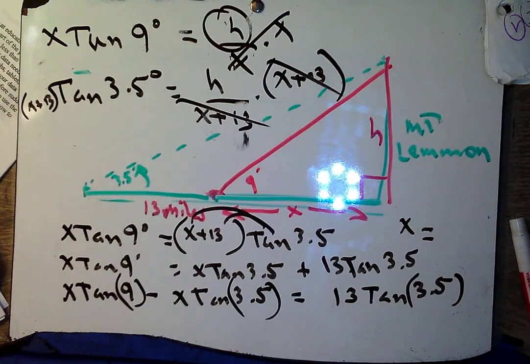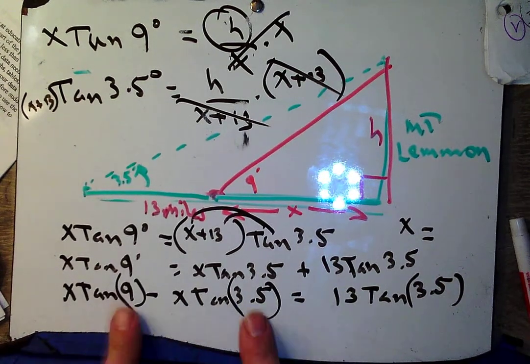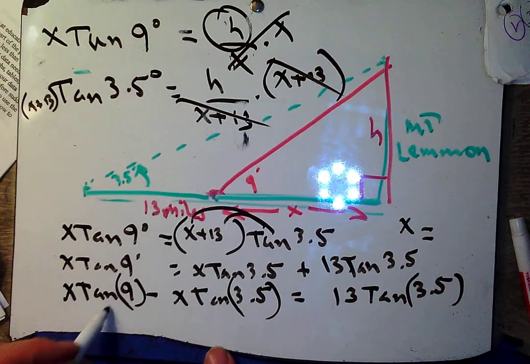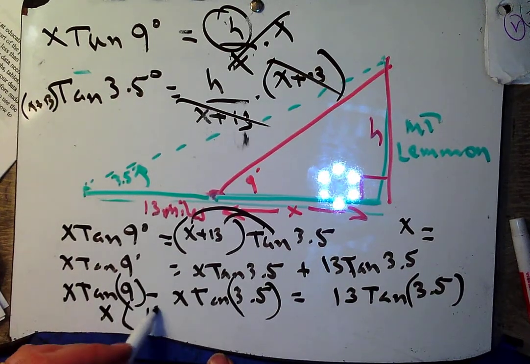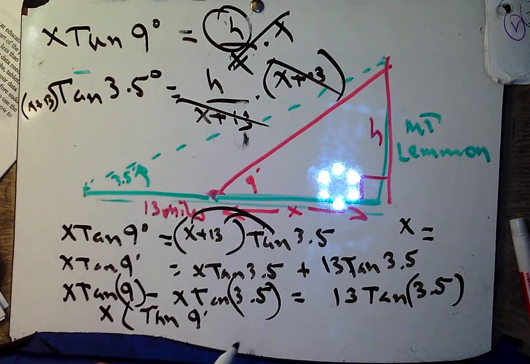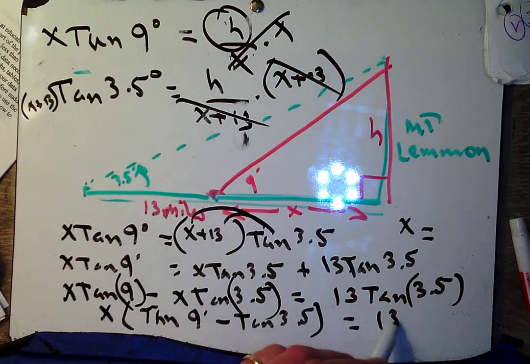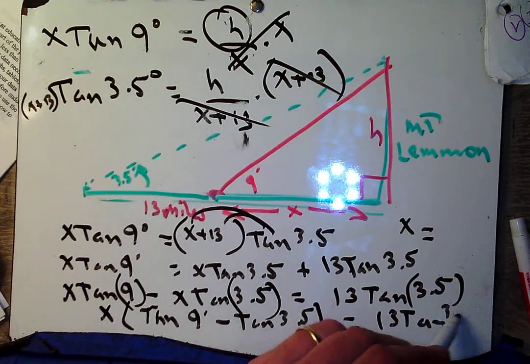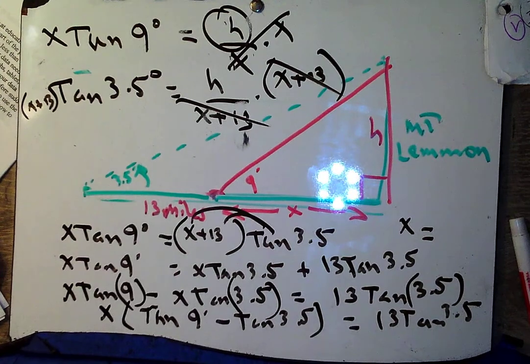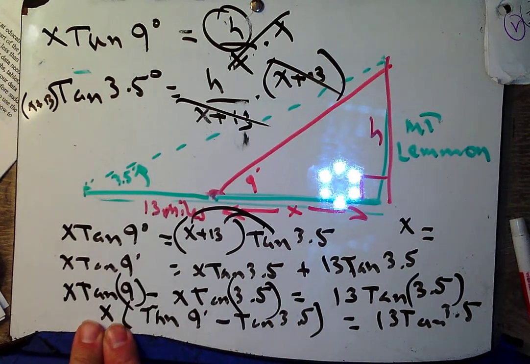Fabuloso. Now, I can't do the subtraction because these angles are different. But what I can do is factor out an x. And that'll leave me with x times (tangent 9 minus tangent 3.5) equals 13 tangent 3.5. Good. How is all this stuff in parentheses attached to the x? With multiplication.